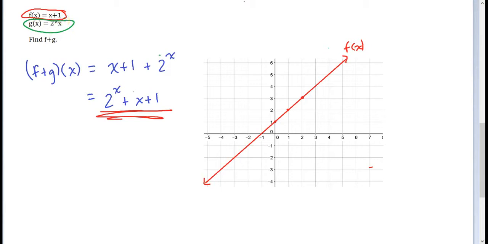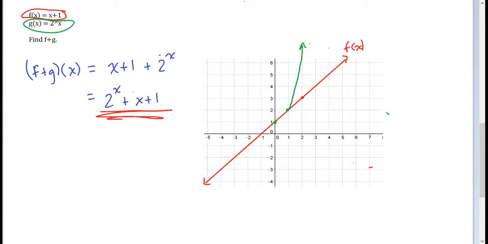Okay, this is one of the parent graphs, so we should be fairly confident about graphing it. It always goes through this point because anything to the power of 0 is 1. And you always know the point where x is equal to 1, it's equal to the base, because 2 to the power of 1 is 2. And then we know it shoots off crazy fast.